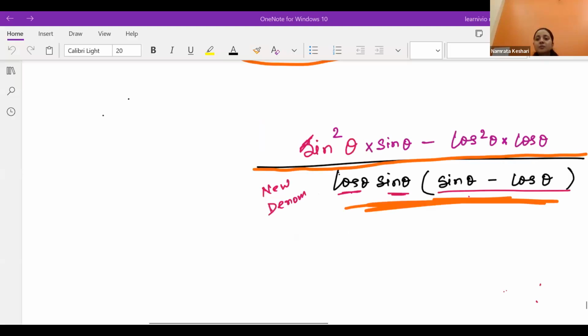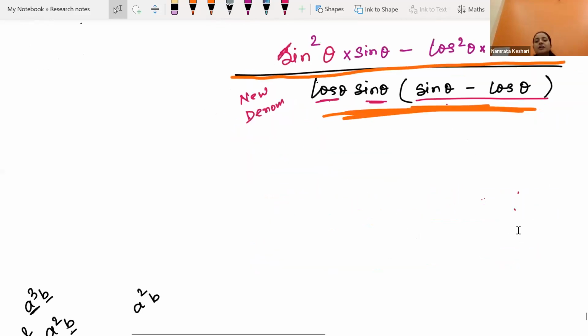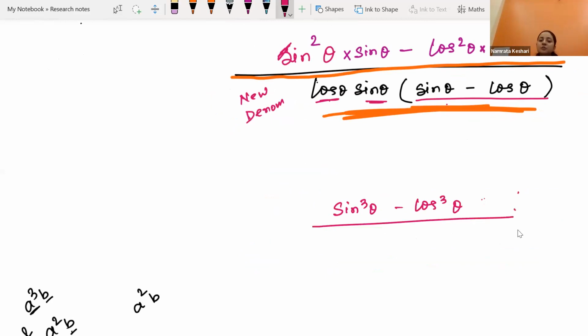Yeah, we were here. And I told you that we are getting something that looks like sine cube theta minus cos cube theta. That means a cube minus b cube, where we can use the formula.